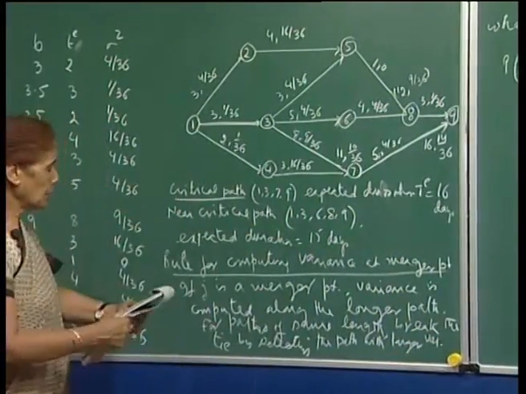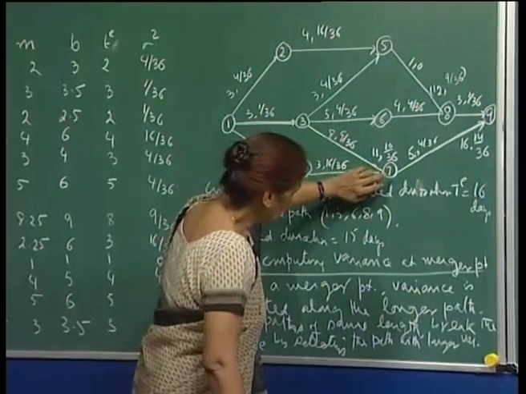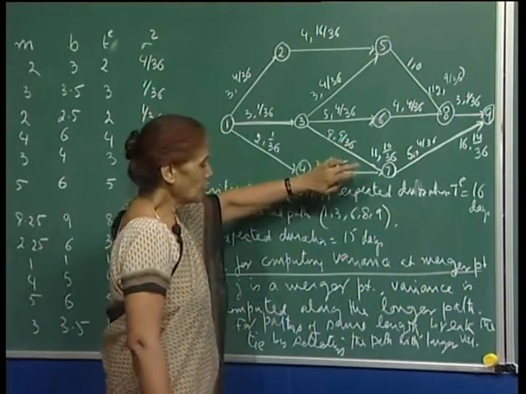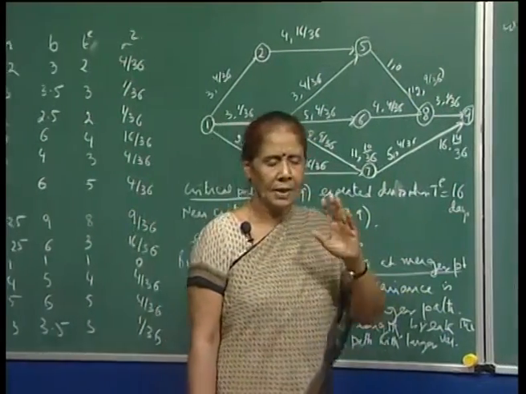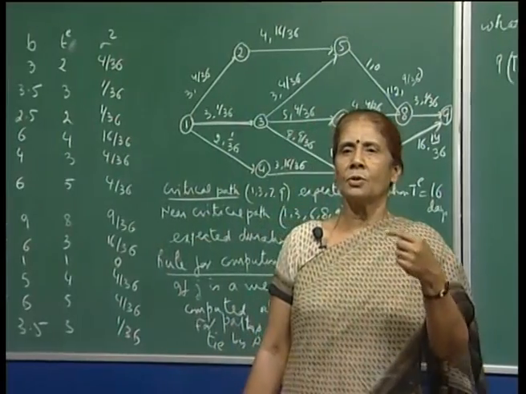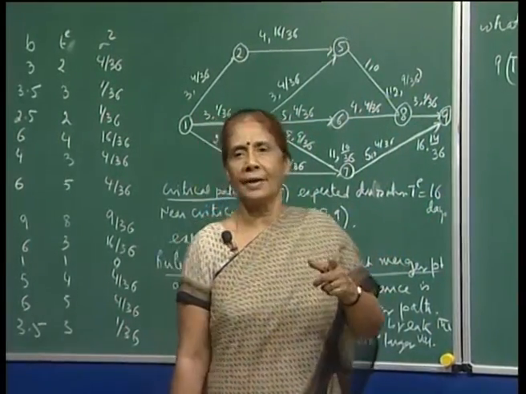I am speaking this out. So, you are not selecting the path, actually you are selecting the variance of the merger point. That would be along the longer path. In case there is a tie, the variance for the merger point will be the larger variance.